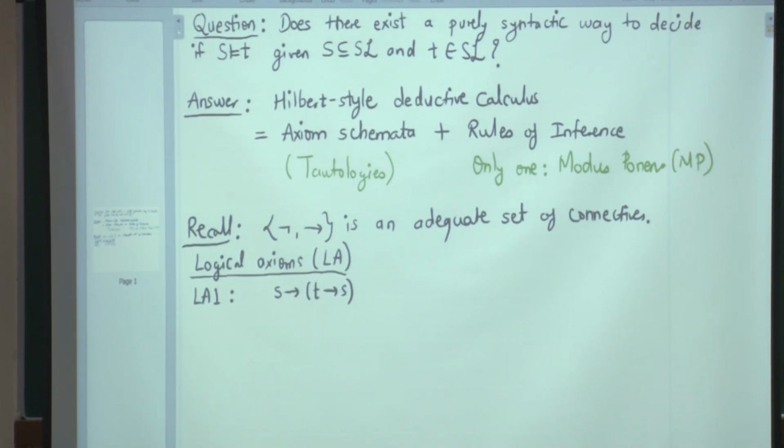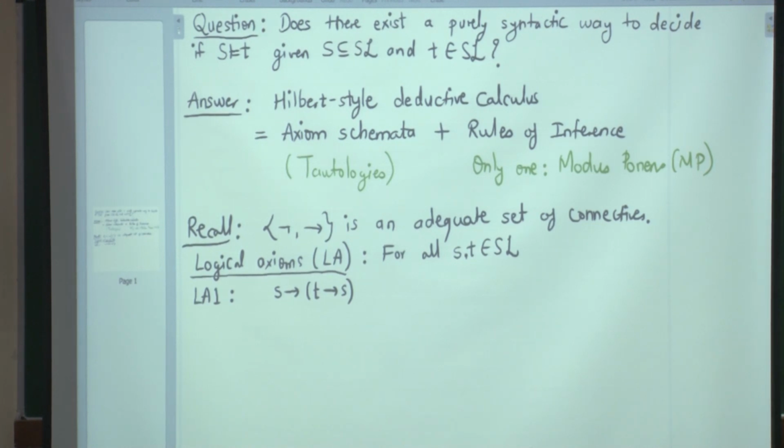Yeah, so here I should write for all S and T in SL, this is LA1, logical axiom 1, but it is not a single axiom. Please notice, it is a lot of axioms put together, because there is one axiom for each pair S and T, right?